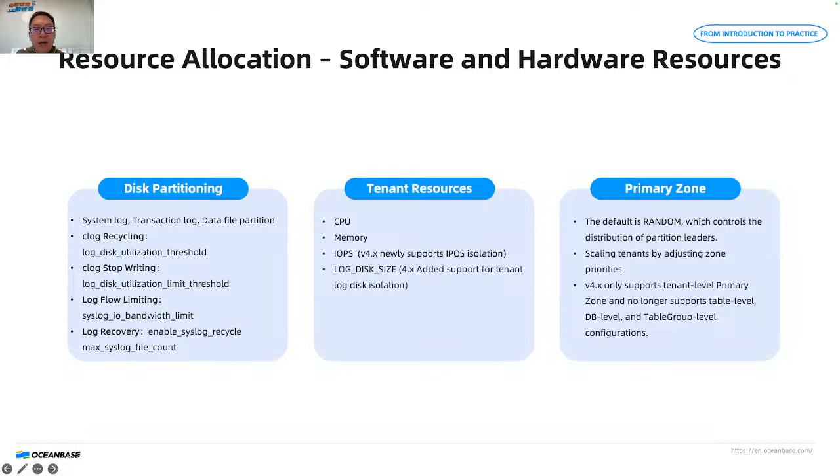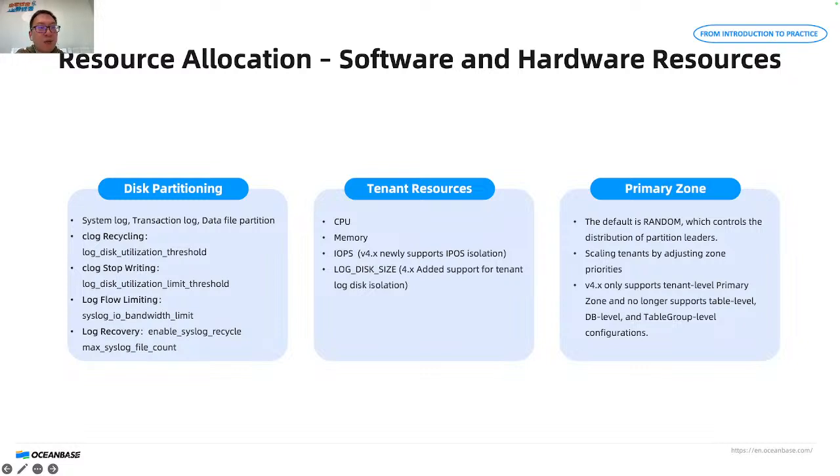To control log recovery, note that these parameters only take effect when this parameter configuration is set to a non-zero value, and both parameters must be used in tandem to work effectively.